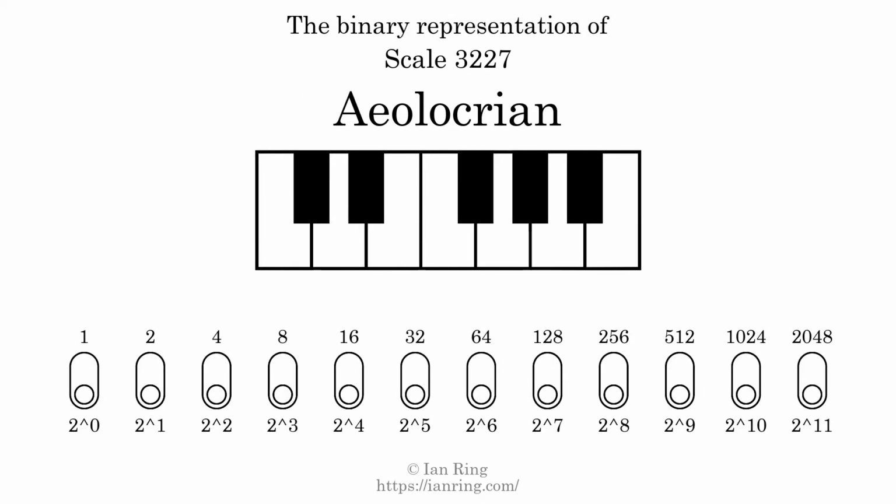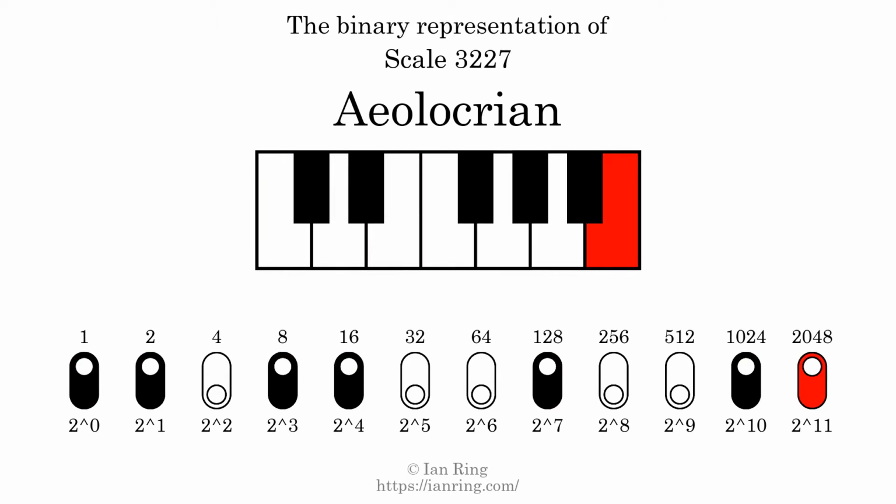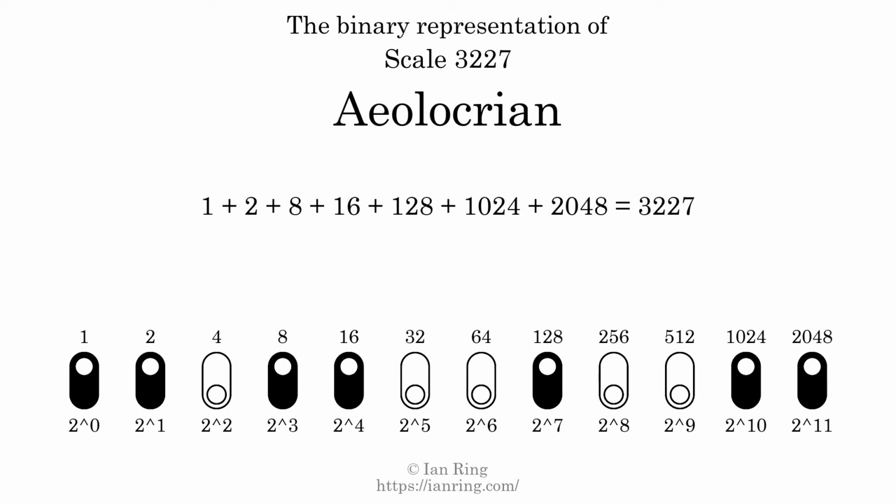The binary representation of this scale is determined by mapping tones of the scale to binary digits. Each binary digit represents a power of 2. To get the scale number, we add the powers of 2 together. The powers of 2 that are present in the scale, all added together, equals 3227.